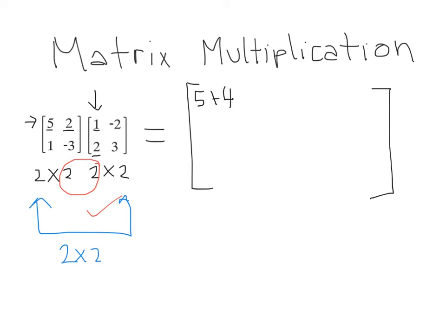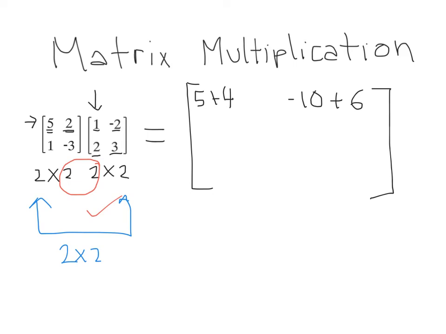Then I move on. I'm going to do the same row again, but this time with the second column. So 5 times minus 2 gives me minus 10. And 2 times 3 gives me 6. So I did the first entry in the row with the first entry in the column, then the second entry in the row with the second entry in the column.